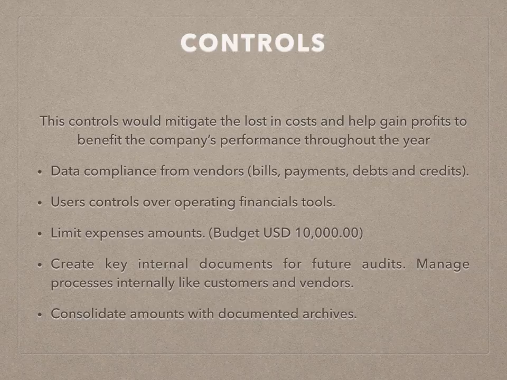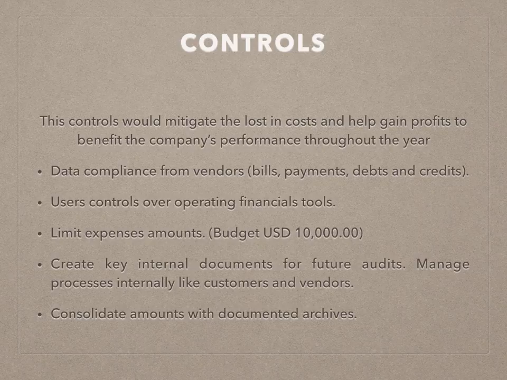For them to be really on the objectives of the company, we then have controls. These controls would mitigate the loss and cost and help gain profits to benefit the company's performance throughout the year. We have 5 examples of the work we have done in the last month.